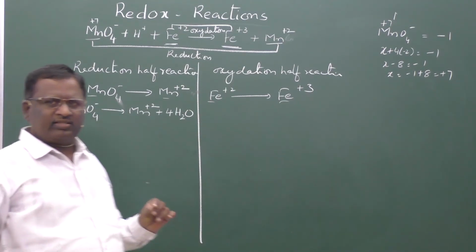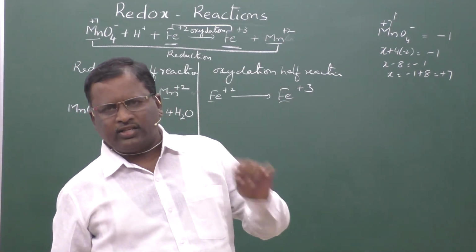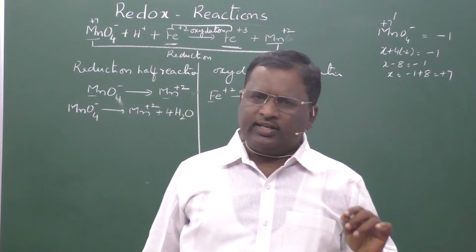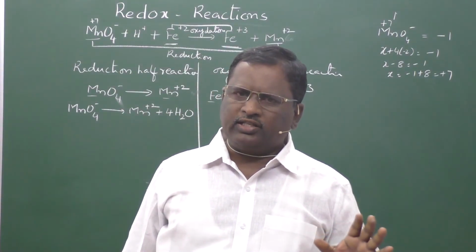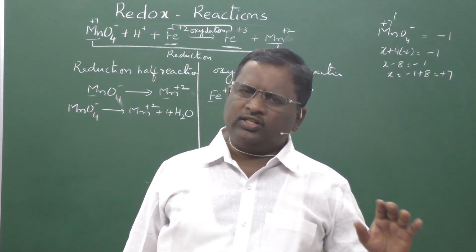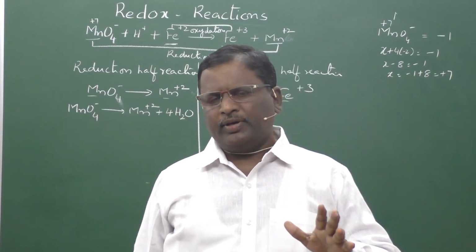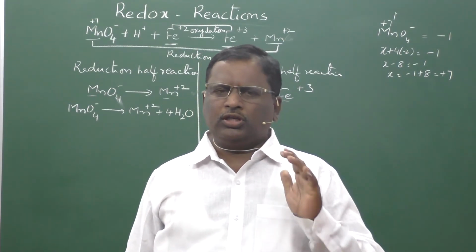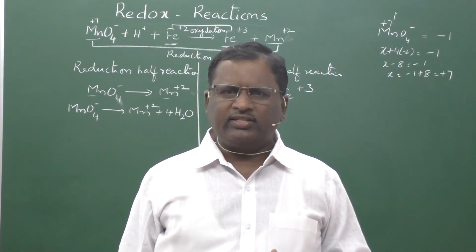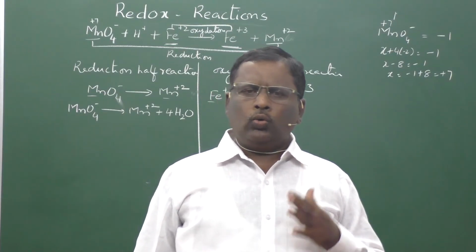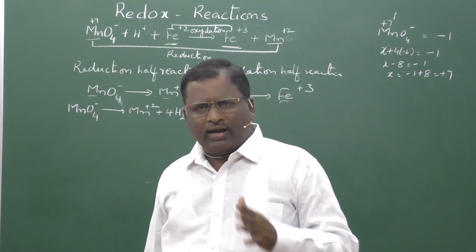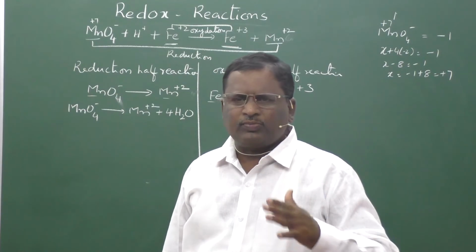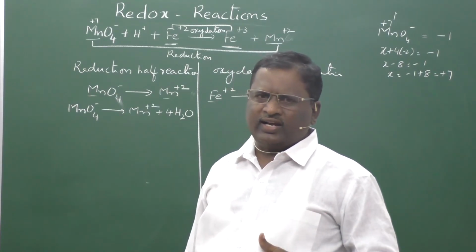Here there is a difference in the balancing of hydrogen. If the reaction is carried out in an acidic media, we have to balance hydrogens in one way. If it is in a basic media, we have to balance the hydrogens in the other way. Now first let us observe how to balance the hydrogens in acidic media. In acidic media, while balancing hydrogens, you have to add the same number of H plus ions to the deficient side.